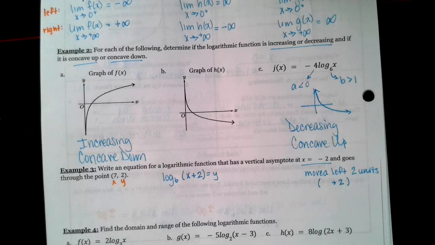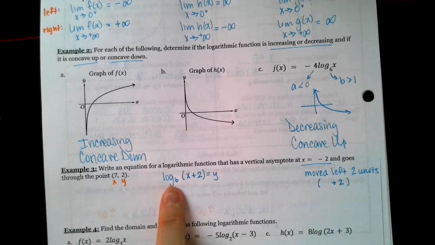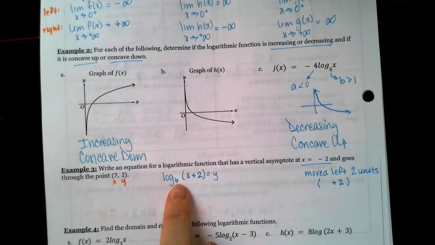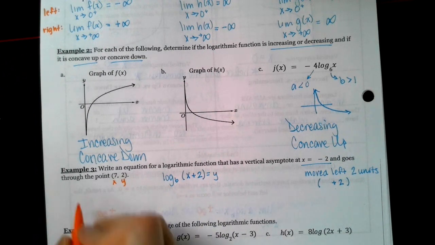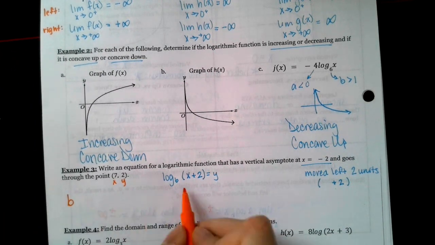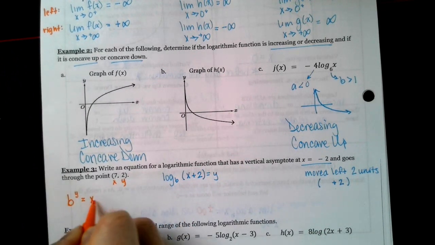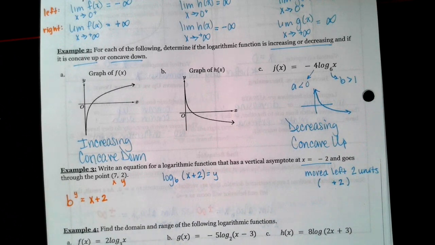So off to the side, if I take this logarithmic form and I change it into exponential form, I would have a base b, to some exponent y, and that will equal my x plus 2. So we practiced that in 2.9.